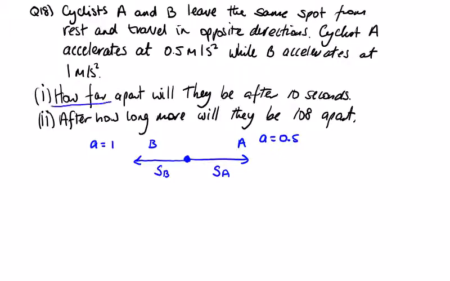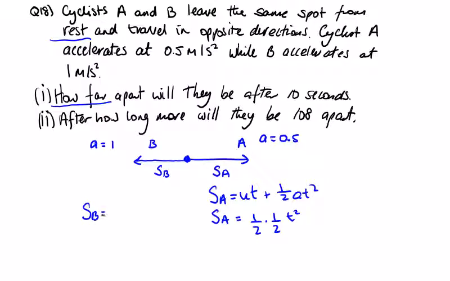Okay, how far? So we're dealing with distance. So the distance for A is equal to UT plus a half AT squared. They start from rest, so U is 0. So the distance for A is going to be a half, 0.5, a half by T squared. And the distance for B over this side is going to be a half by 1 by T squared. So we have to add these distances together to get their distance apart after 10 seconds.